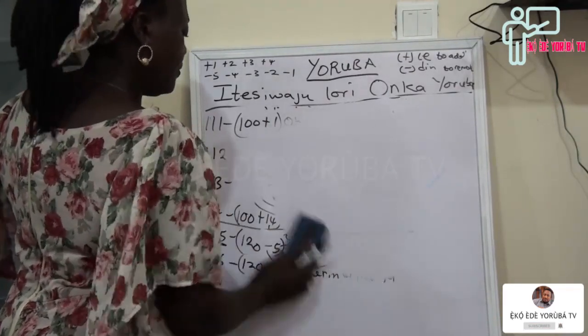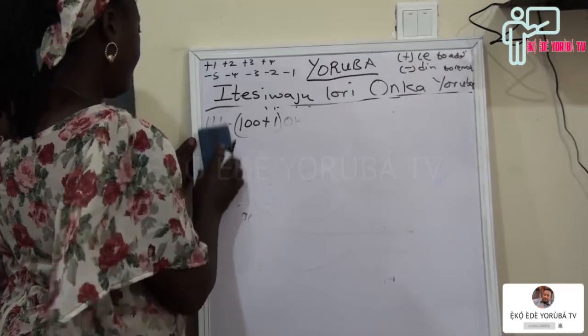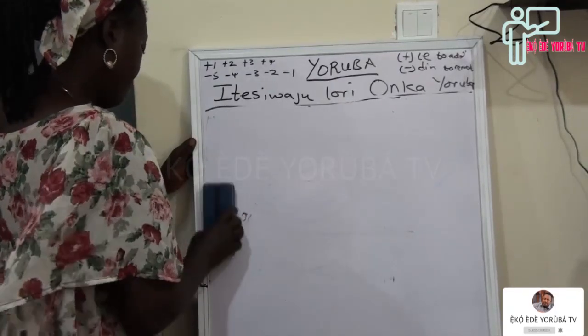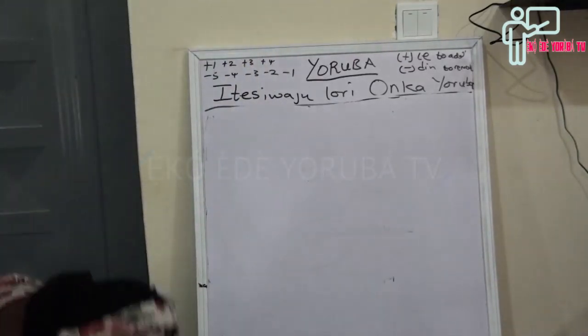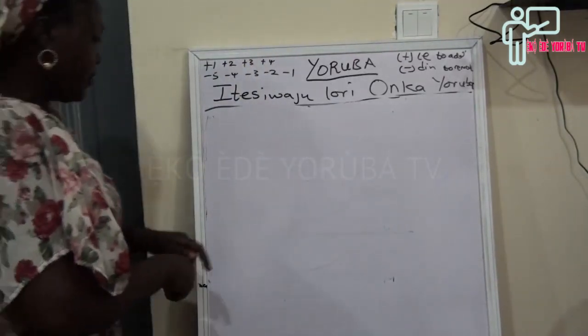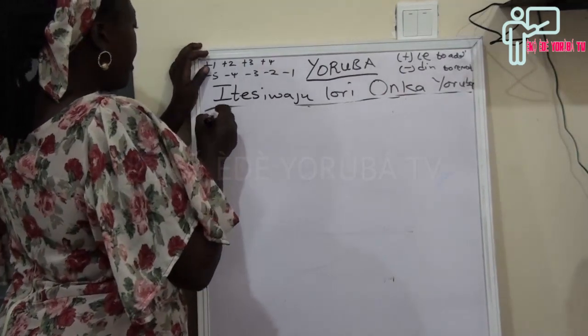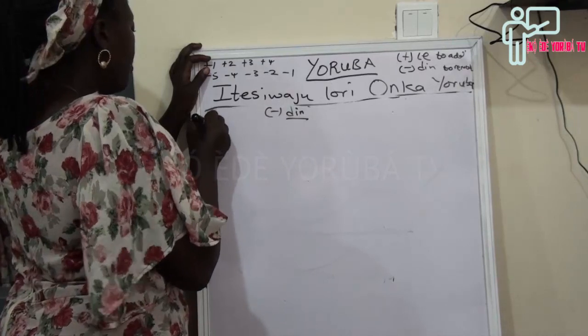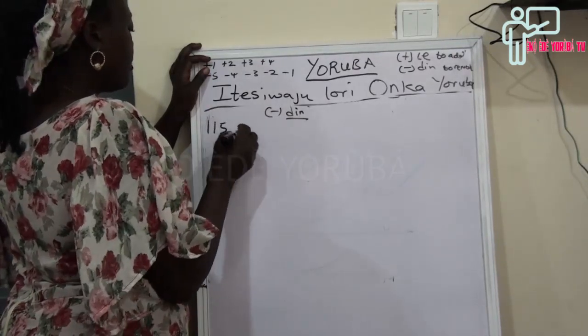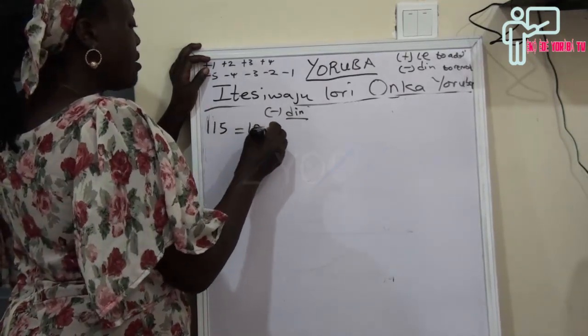Dín. So 115, I said that 115 is equal to 120 minus 5.